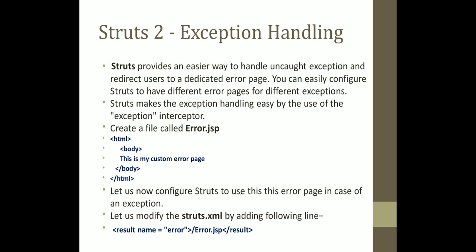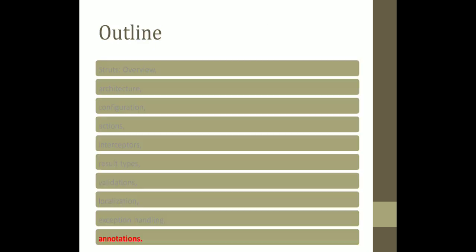Then we also saw how to configure Struts to use the error page in case of exception, and we can modify this struts.xml by adding the line as result name equals error, slash error.jsp, that file we have already created. So this is about the exception handling in your Struts2.